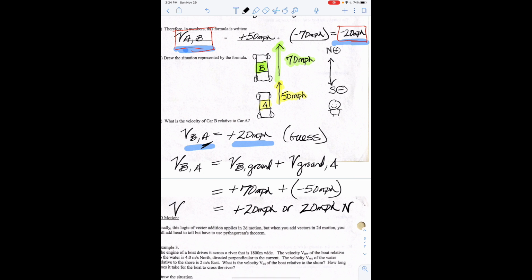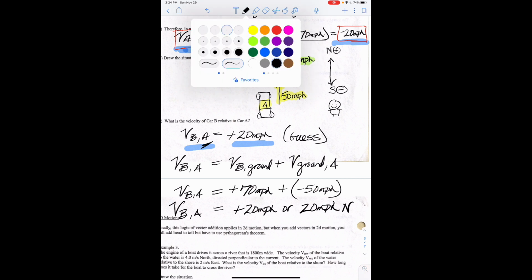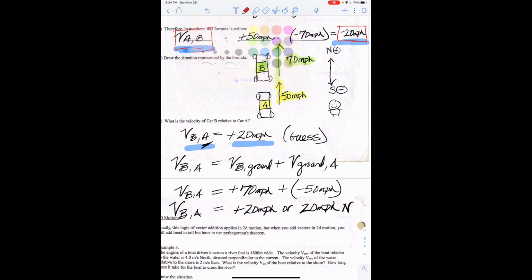This is the velocity of B relative to A. Go ahead and put a red line around that if you like. Okay. All right. So far so good.